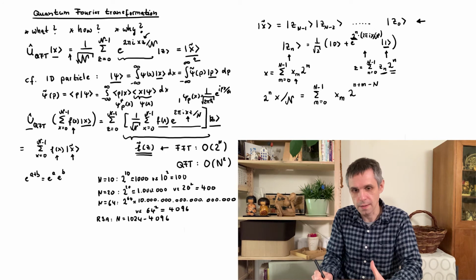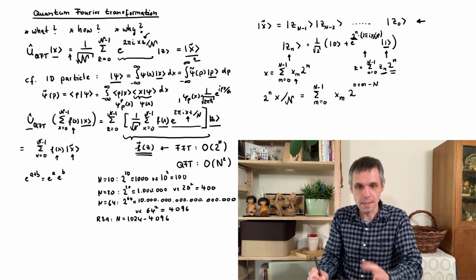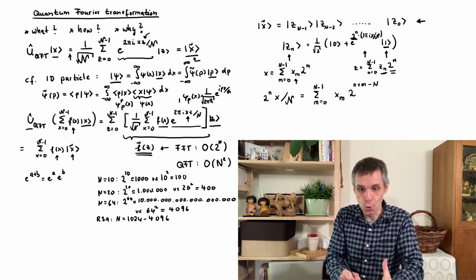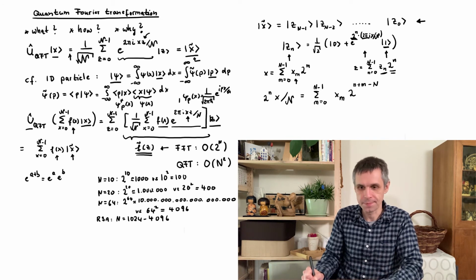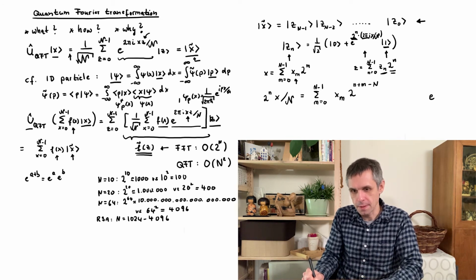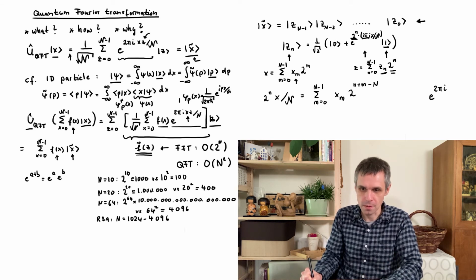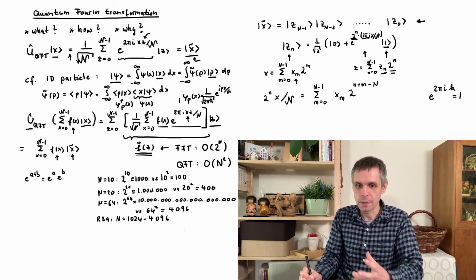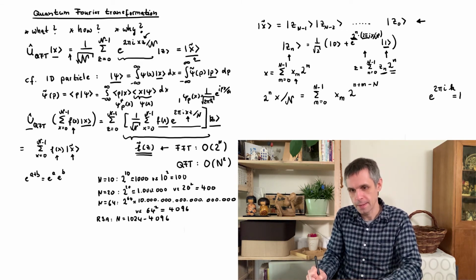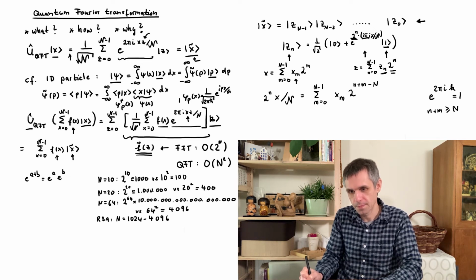So this looks like this. So this is what appears in the exponent multiplied by 2 pi i. But any number e to the 2 pi i times some integer, let's say k, just gives us 1. So we can drop everything from there where n plus m is larger or equal to capital N.